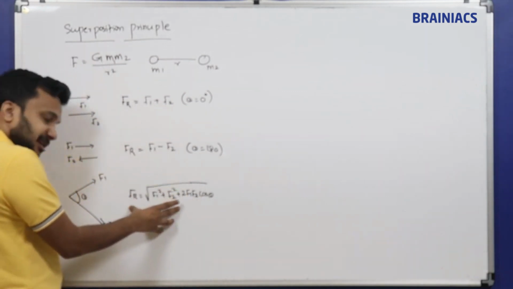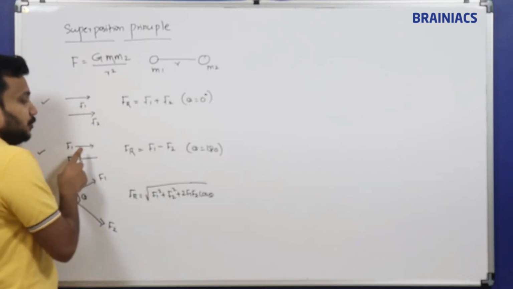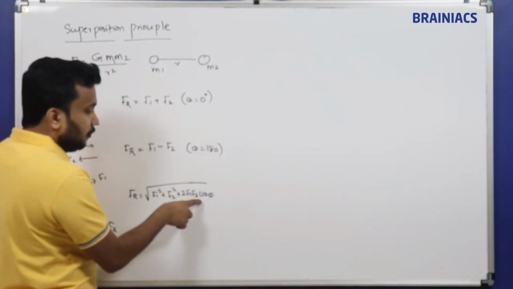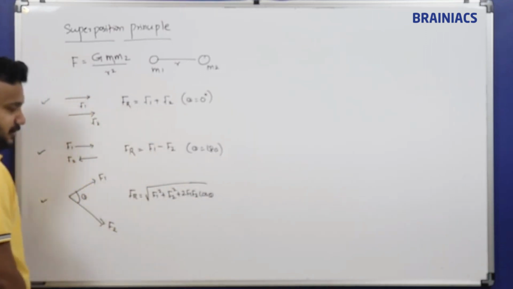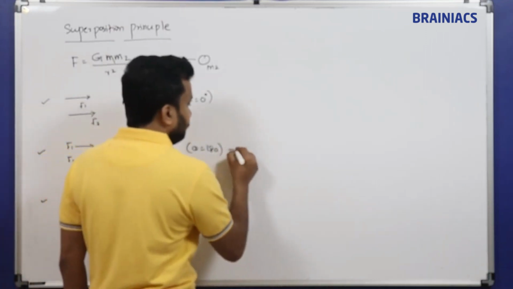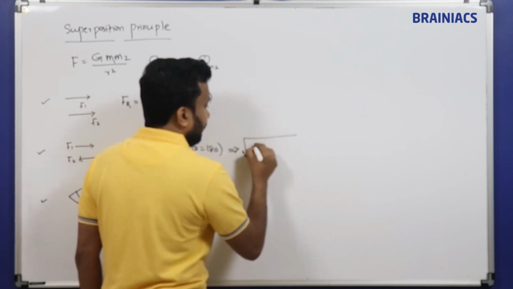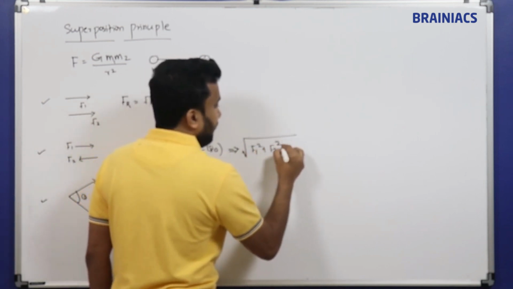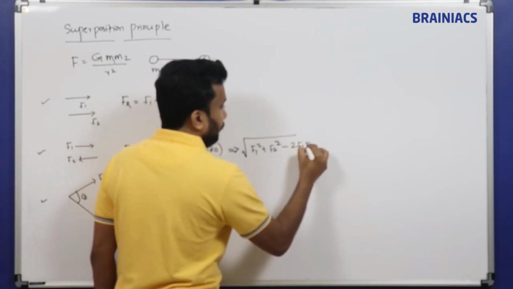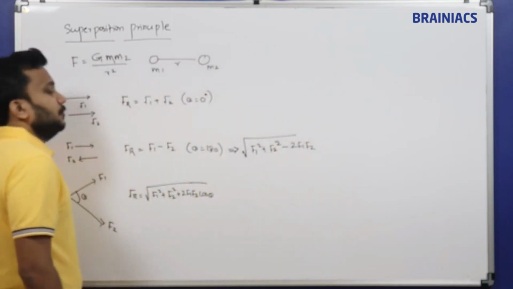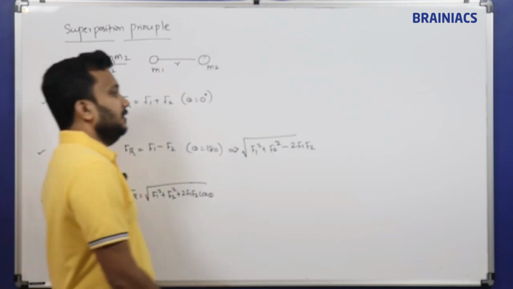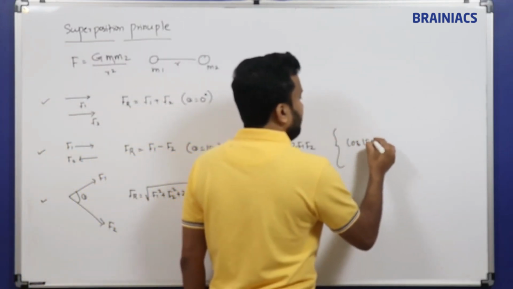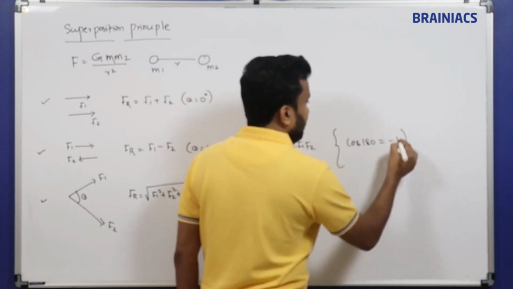This is a general formula. Both forces in opposite directions means theta equal to 180 degrees. If you substitute 180 degrees in this equation, you get root of F1 square plus F2 square minus 2 F1 F2, because cos of 180 degrees is equal to minus 1.